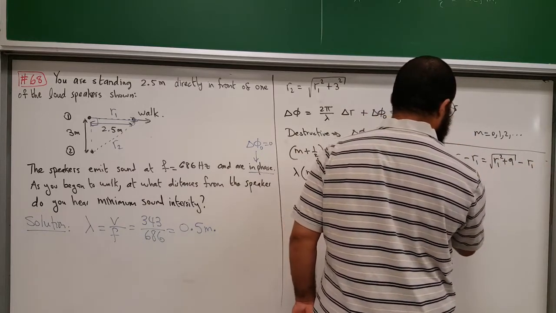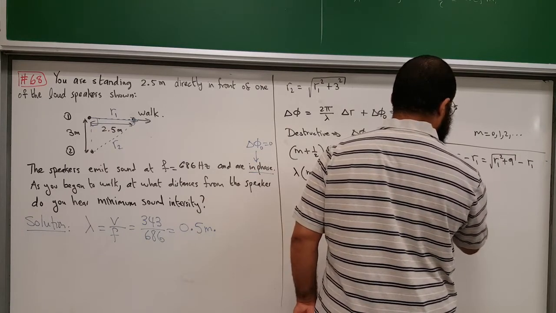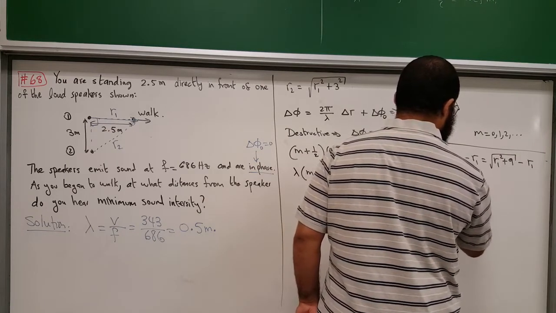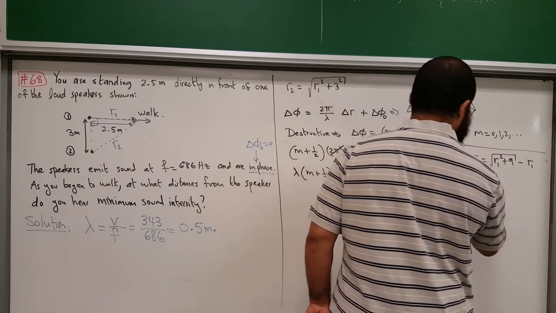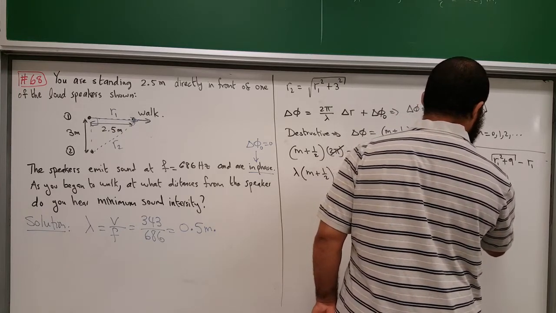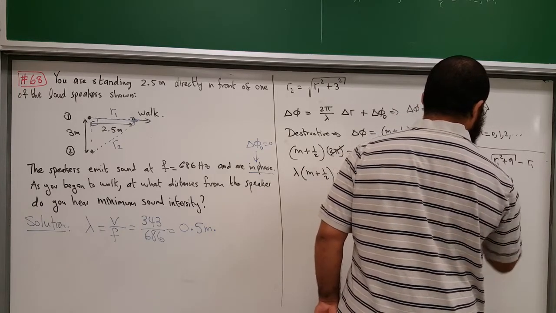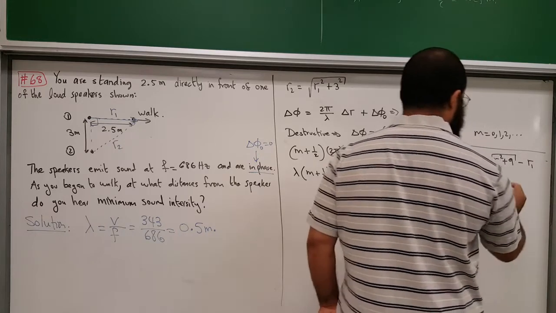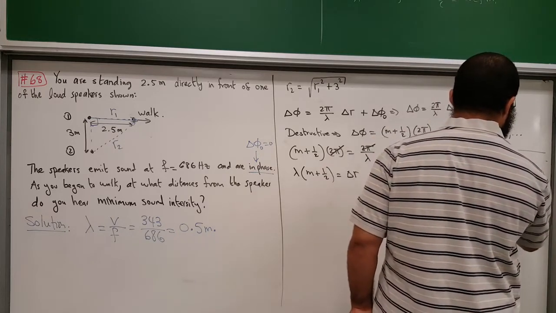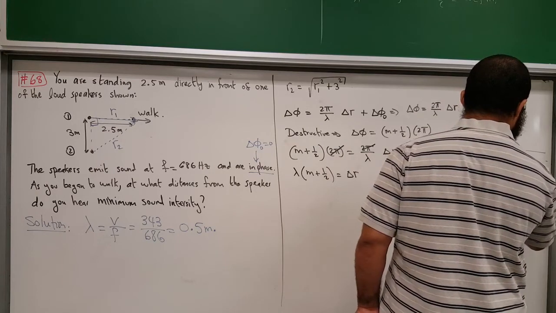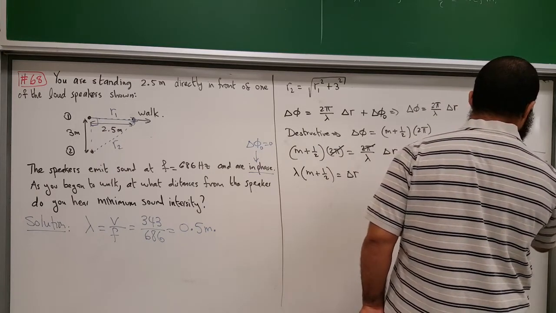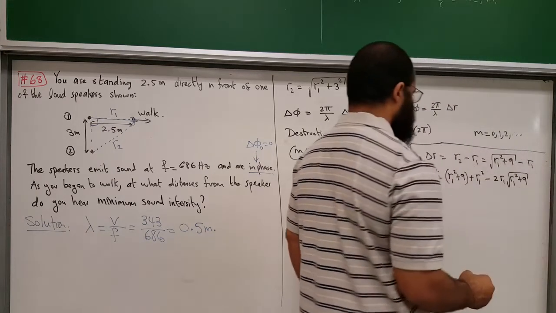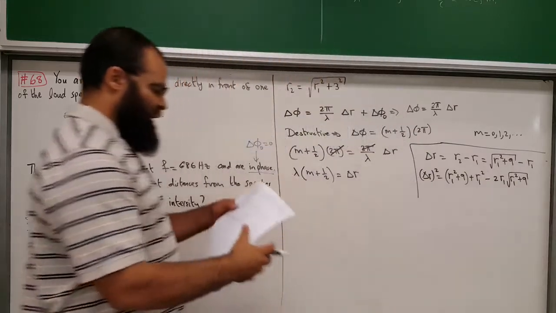So I'll have r1 squared plus 9, plus r1 squared, minus 2 r1 times the square root of r1 squared plus 9.